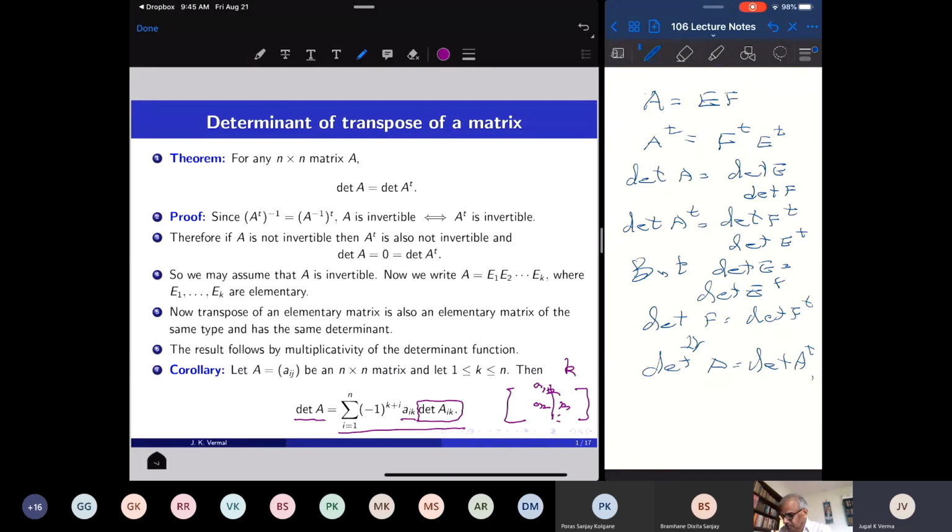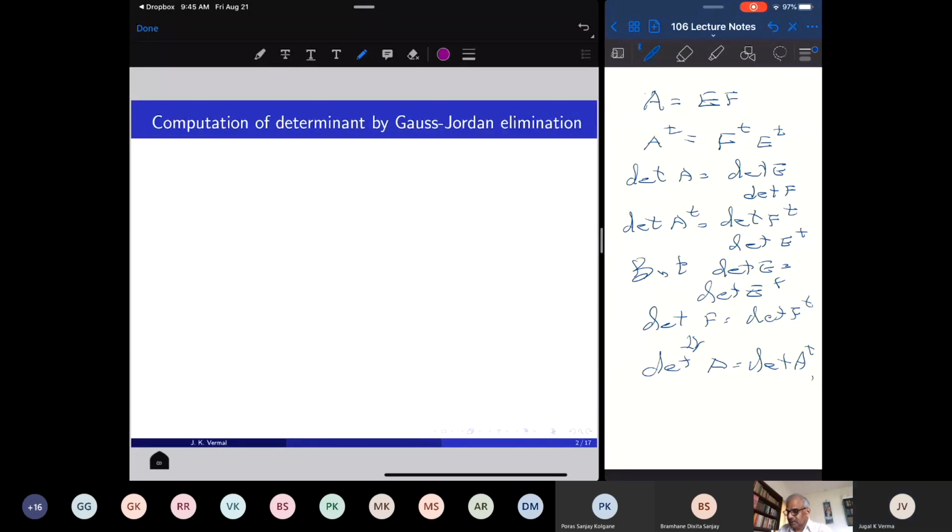That is huge. So we need a more efficient method to calculate the determinant, and that is again given by the Gauss-Jordan method. The Gauss-Jordan method converts a matrix into an identity matrix if the matrix is invertible, because we know that the row canonical form of an invertible matrix is the identity matrix.